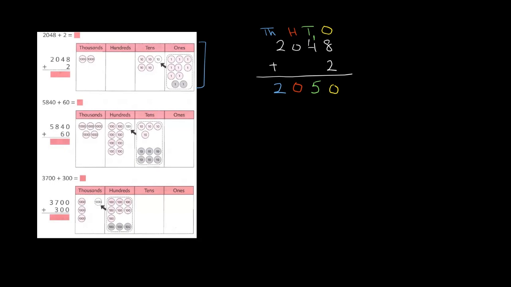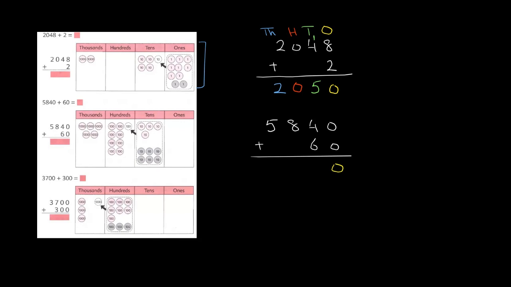Okay, this is 2050 with no ones. Now let's do one more, which is 5840 plus 60. And now I'm not going to do it in as much detail. So now you can see when I have no ones and no ones, I'm going to get 0 ones.